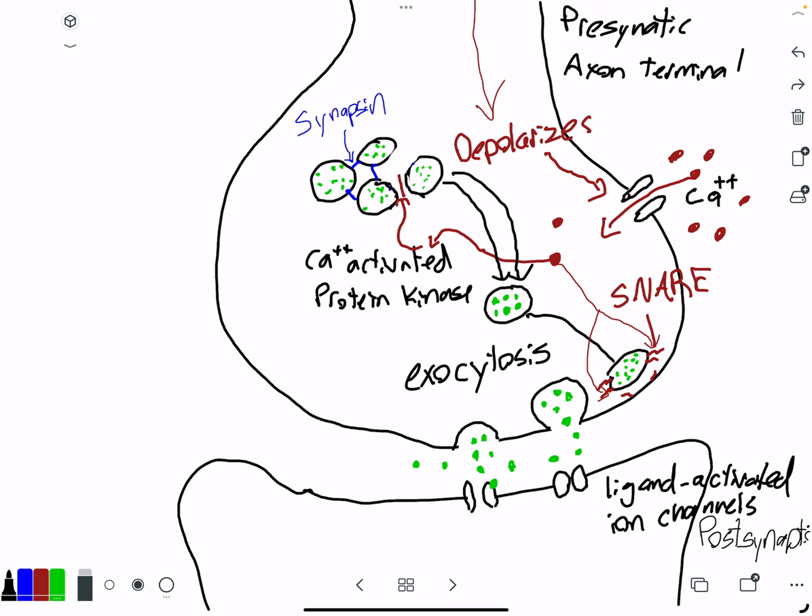So the neurotransmitter is the ligand, and the ion channel is the receptor. When a neurotransmitter binds, this can allow an ion to move out of the cell. That was a bad arrow. Ions can move out of the cell or into the cell, depending on the nature of this ion channel.